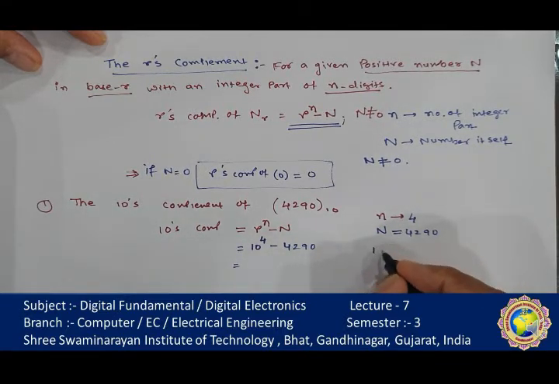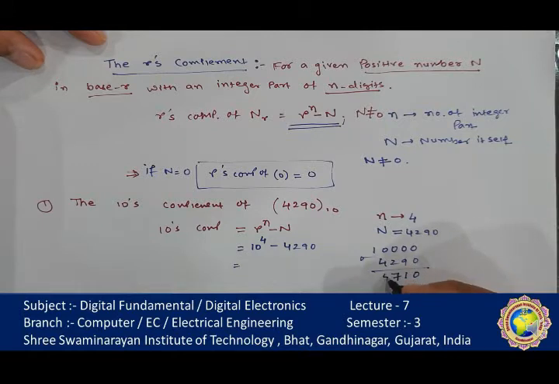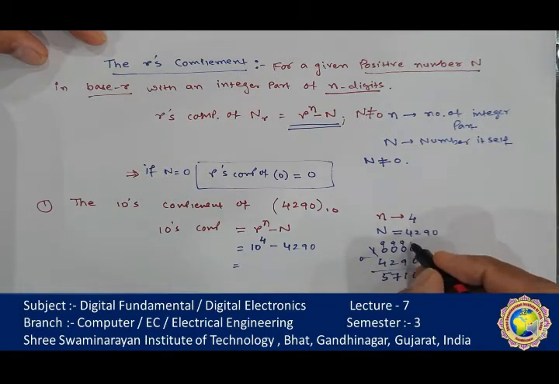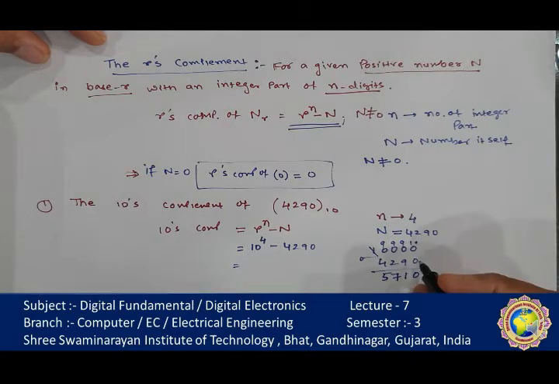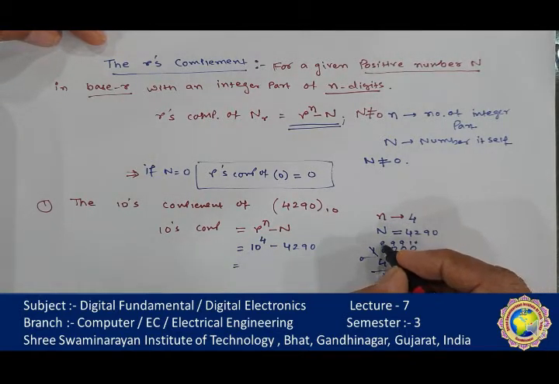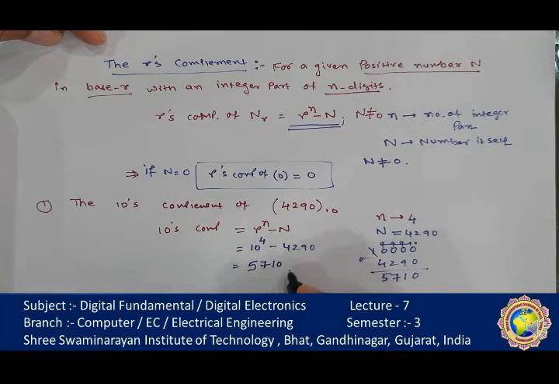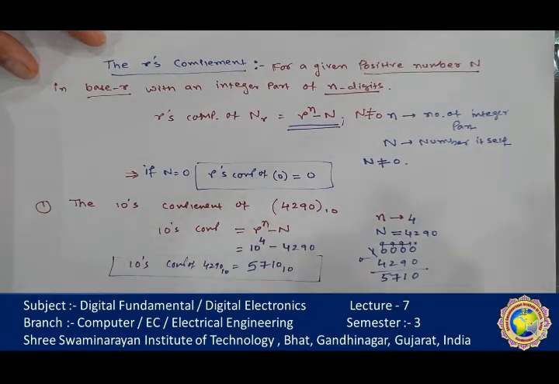Performing the subtraction, we take the borrow from the next digit, so it becomes 5710. That is the tens complement of 4290 in decimal.